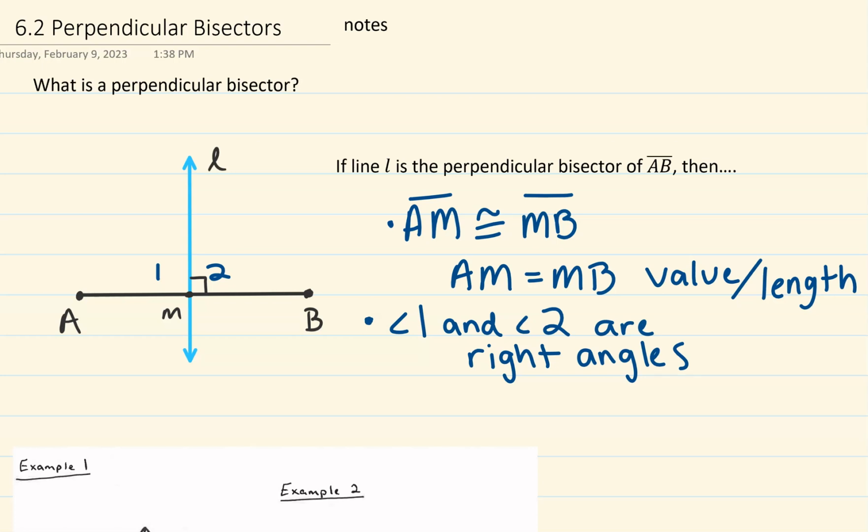And we know that they're right angles because line L is perpendicular to segment AB.